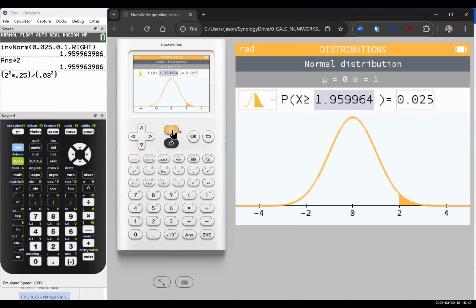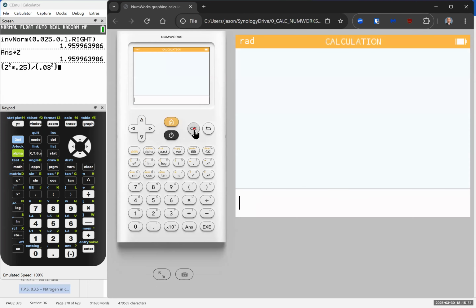All right, I go home, click, go to calculation. In the numerator, I want z squared times 0.25 and divided by 0.03 squared.